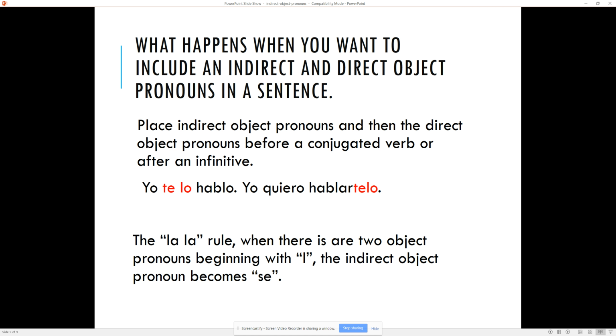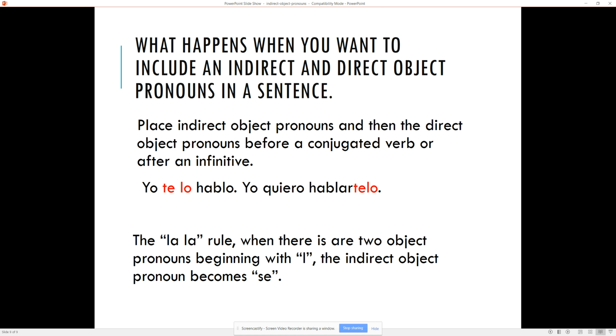So yo te lo hablo, I speak to you about it, or yo quiero hablártelo, I want to speak to you about it, or I want to speak about it to you.